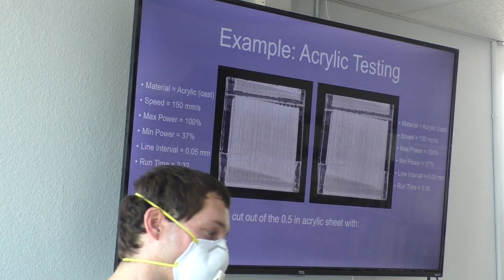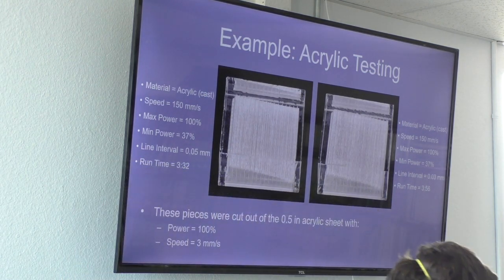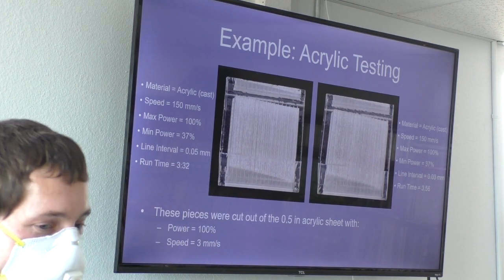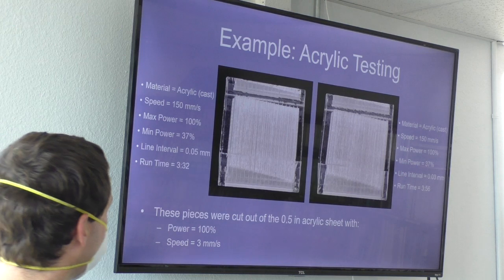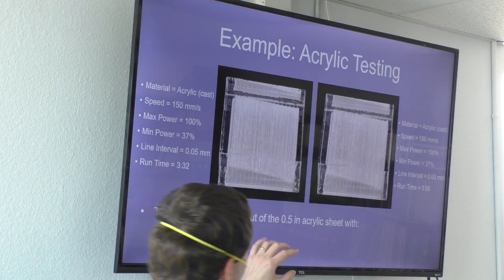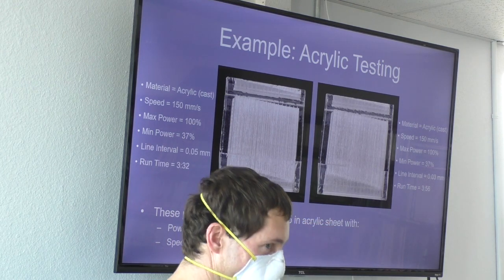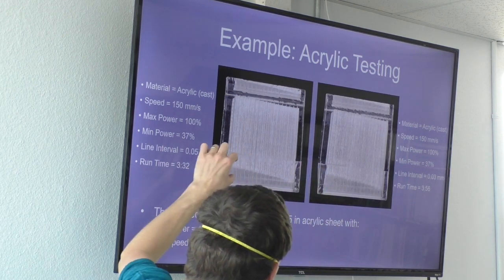And now we get to acrylic, another exciting material. First we'll start with a test image. These are the same except for the line interval. It's kind of hard to tell when you look at the physical thing, but you can see it easier here: this distance is taller than here.